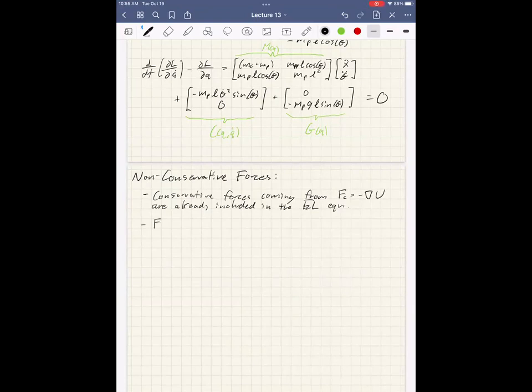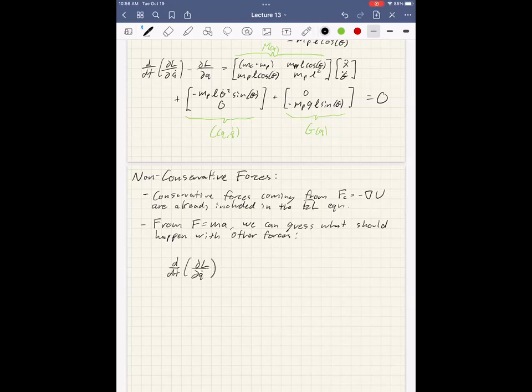We're going to write that down and then show that it's right. So we can guess what should happen. Other forces. So you've got your Euler-Lagrange thing.